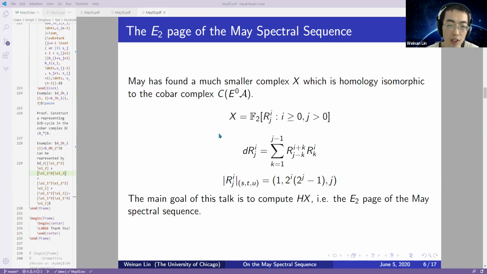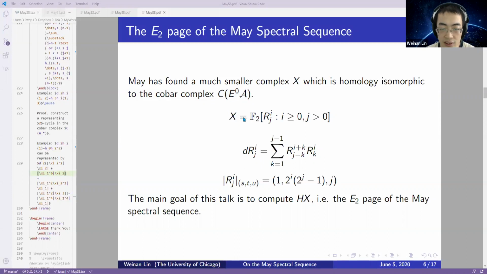And May has found a much smaller complex X, which has homology isomorphic to the cobar complex. Basically, the homology of X is the same as the cohomology, if you consider the degree of the differential, of the cobar complex of E_0 A. And so now we consider X instead.